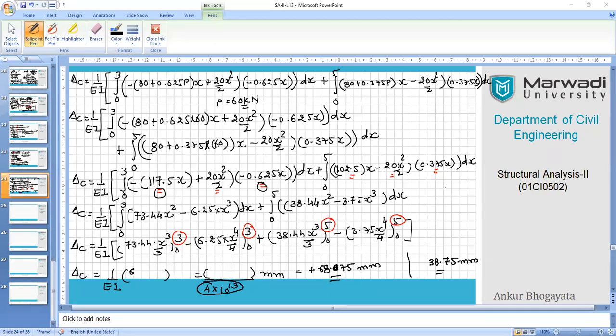Let's see what Prashant has to say. Yes, Prashant. Yes, sir, 38.75 mm. So have you used this denominator? Yes, sir. Okay, after doing everything, whatever is the numerator value, you have multiplied with 10 into 12, and then you have divided it by 4 into 10 raised to 13, and then finally you are getting this, right?